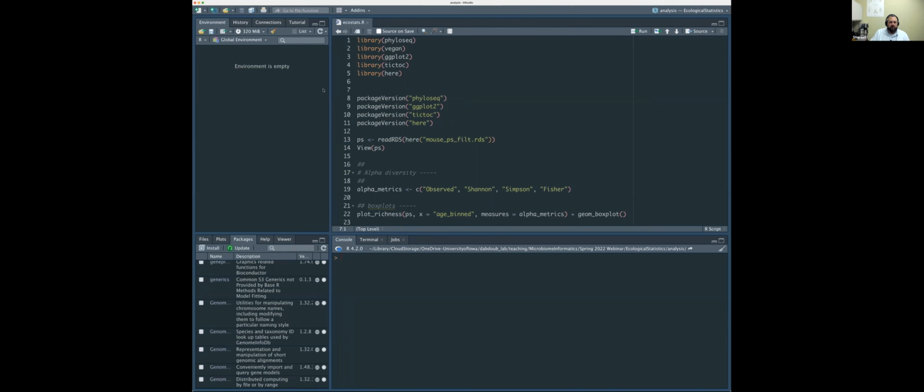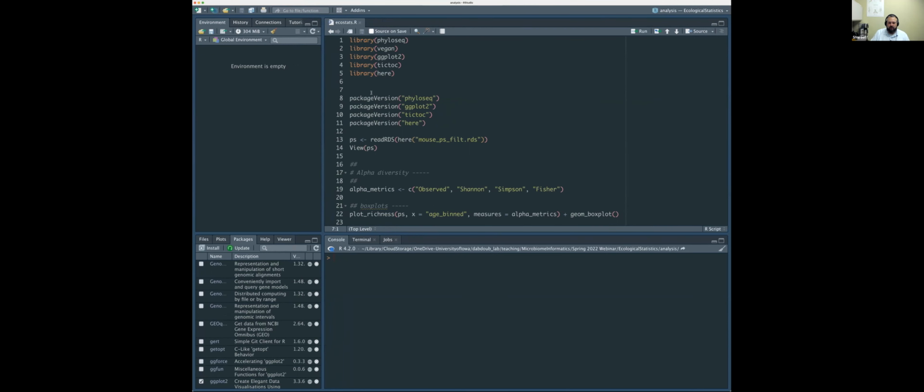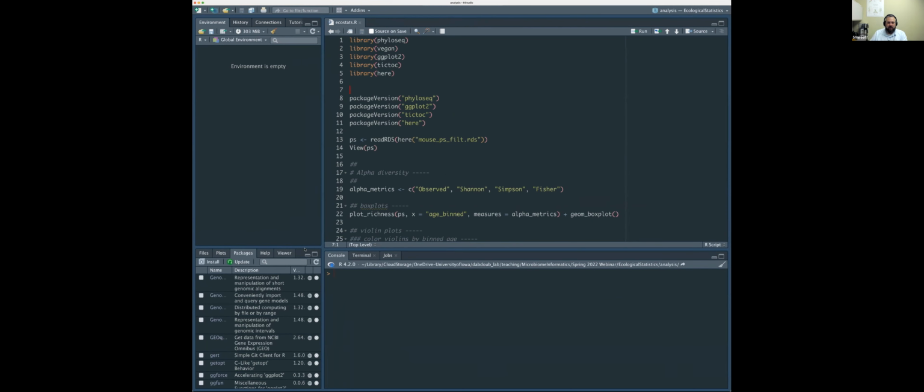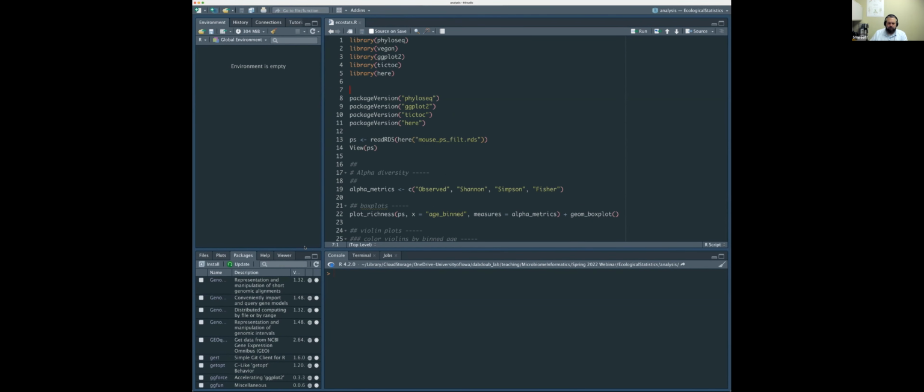So as I mentioned, this code is up on GitHub. I showed the link a little bit earlier. We're just going to go through here some basic ecological statistical calculations, so alpha and beta diversity.